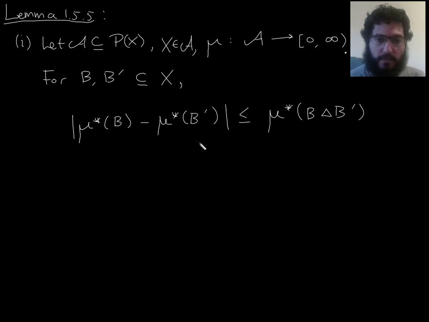Then this lemma tells you about the distance between the outer measures of two sets. So how different can the outer measures be between two sets? Well, no more different than the outer measure of their symmetric difference. So the distance between these two non-negative real numbers is no more than the outer measure of the symmetric difference of the two sets.